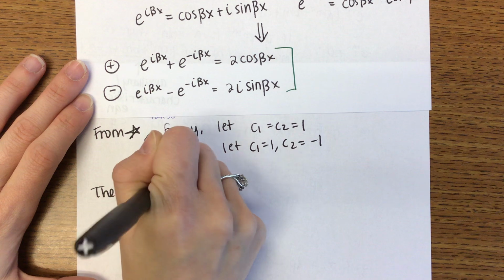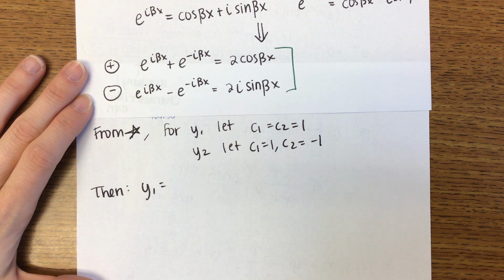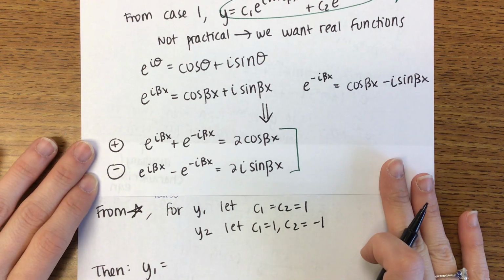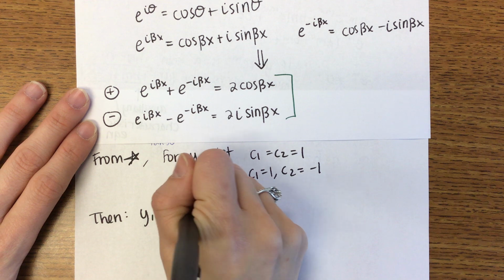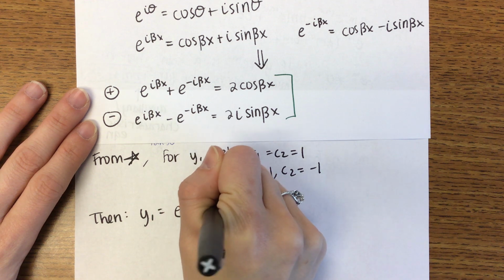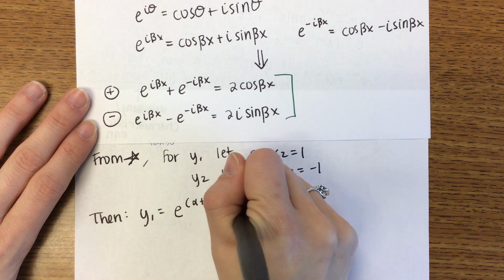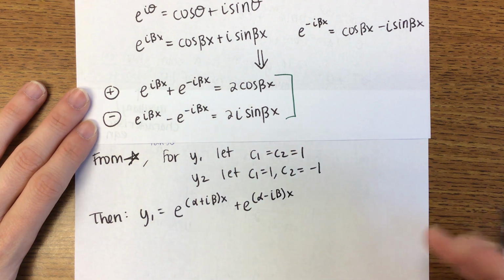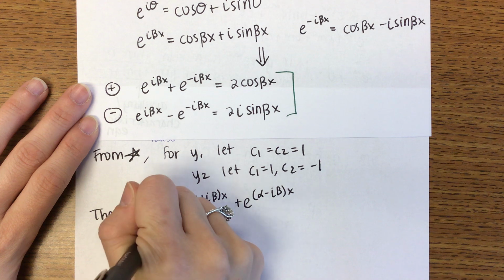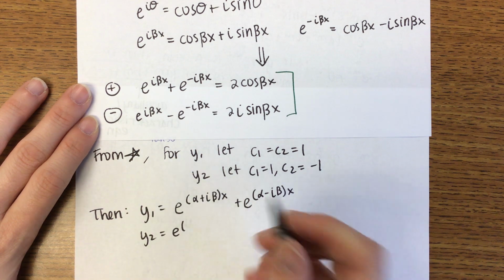Then here's what we get, y1, both on the same screen. This will be equal to e to the alpha plus i beta times x plus e to the alpha minus i beta times x. Y2 is the same, but with subtraction.